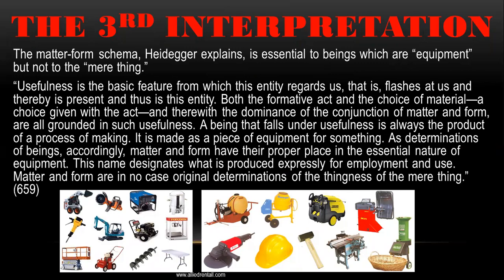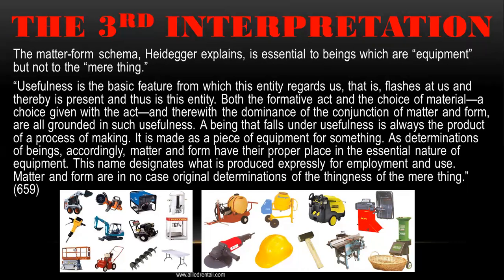He says usefulness is the basic feature from which this entity regards us, that is, flashes at us, and is thereby present, and thus is this entity. Both the formative act and the choice of material, a choice given with the act, and therewith the dominance of the conjunction of matter and form, are all grounded in such usefulness. A being that falls under usefulness is always the product of a process of making.